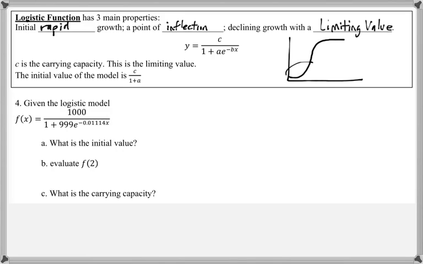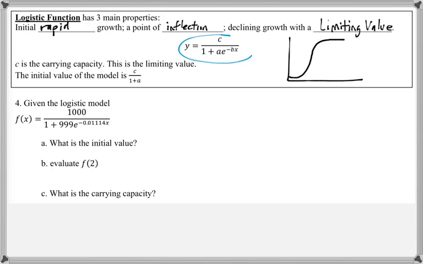So it's initially very rapid, and then there's an inflection point where it changes, and then it starts to decline, and then there's a limiting value, or a ceiling, and it won't get past that value.